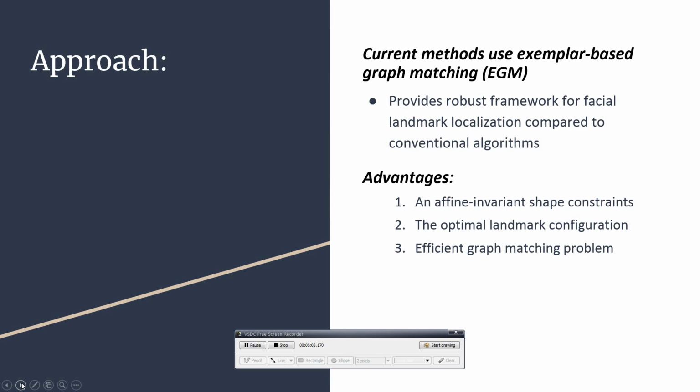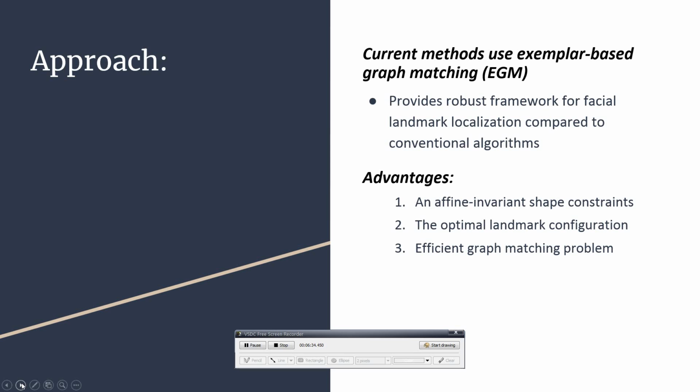Current methods of facial landmark localization matching use various things such as landmark extraction and relative positioning. These usually use algorithms which aren't very accurate. The approach that we chose is more accurate, and a lot newer. The one that we chose was exemplar-based graph matching, also known as EGM.